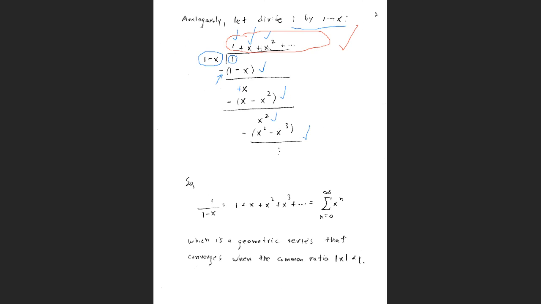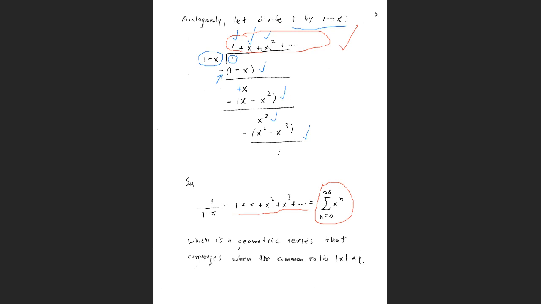So look at what we've done. We've actually shown here that 1 over 1 minus x equals 1 plus x plus x squared plus x cubed and so forth. But hey, that's a power series.